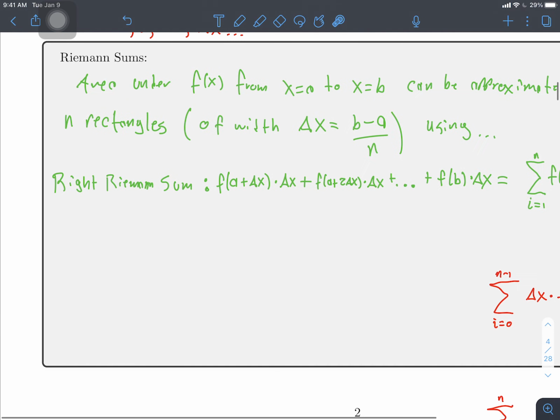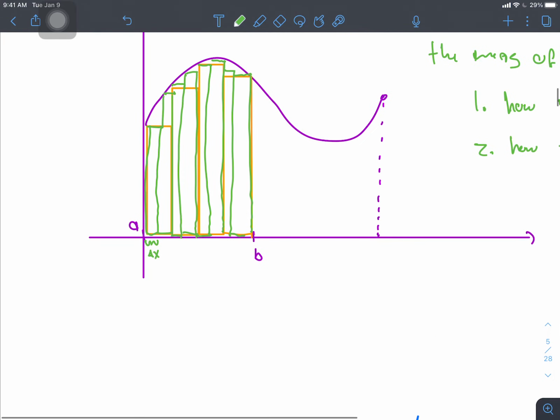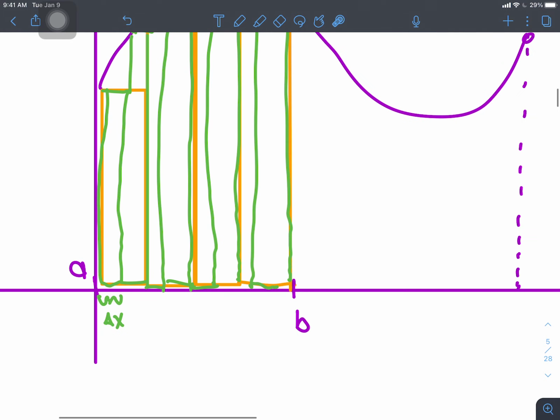Now, if I'm going to tell you about a right Riemann sum, I should also tell you about a left Riemann sum, which is basically the same, only instead of taking the height of the first rectangle on the right side of the first subinterval, I'm going to pick the height of the function on the left side of the first subinterval, which is nothing but what I get when I plug a into the function.